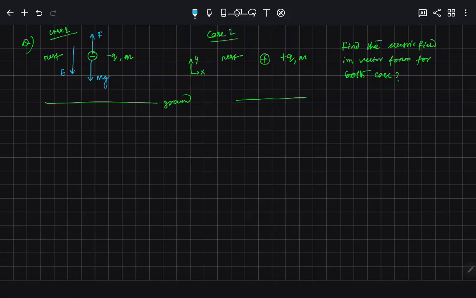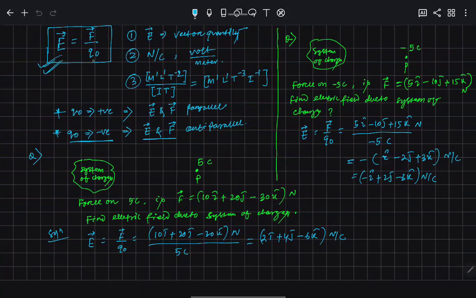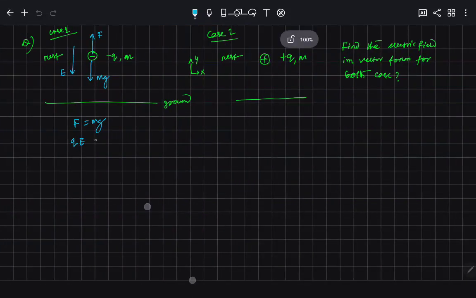Now tell me, for the rest case you will say that F equal to mg. F equal to q into E, I am writing the magnitude. This is equal to mg.